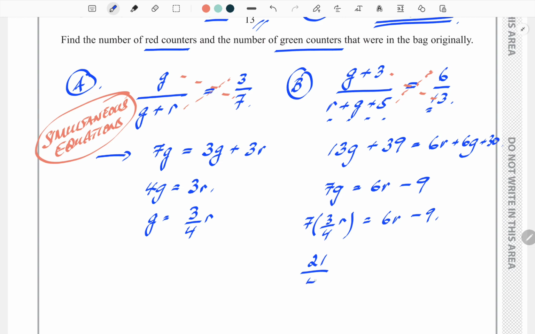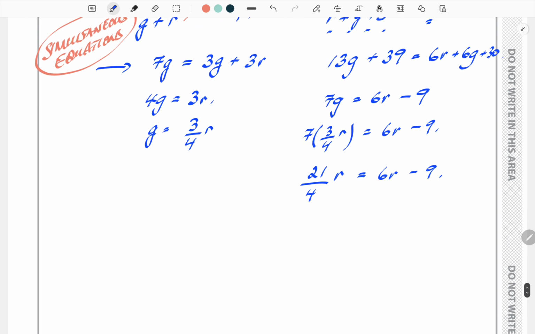And so what we have is 21 over 4, that's R, and 6R minus 9. So just extending that out now, we can express the 6R in terms of 4 as 24 over 4, all right?